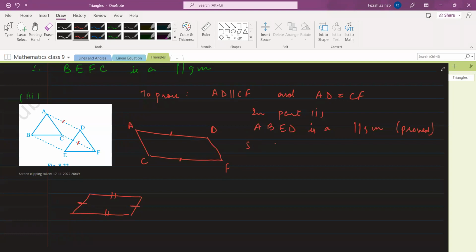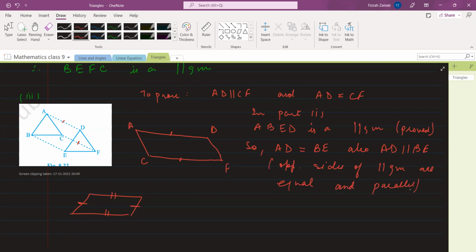So we can say that the other side, which is AD, is equal to BE, from part 1 itself. And also we can say that AD is parallel to BE. Why? Because opposite sides of a parallelogram are equal and parallel, isn't it? Yes, Jaslyn?